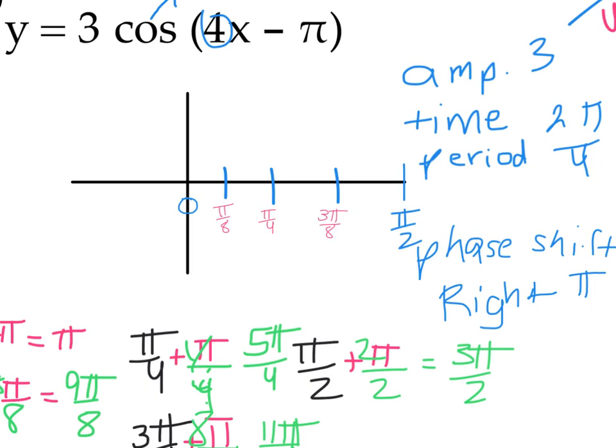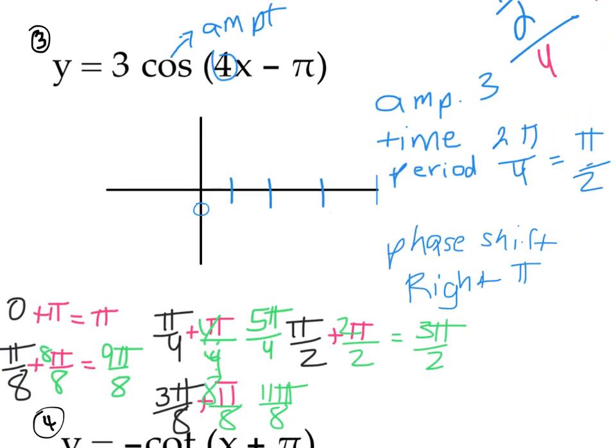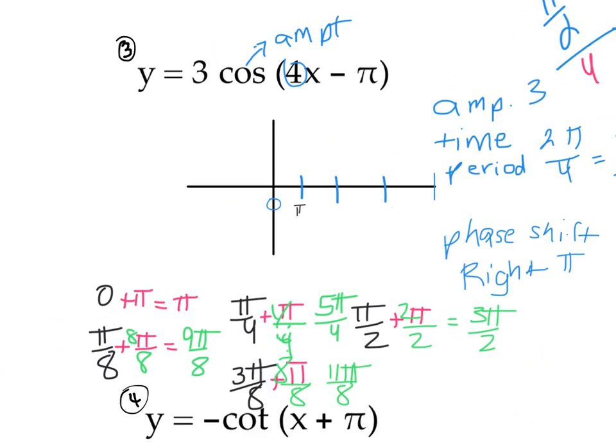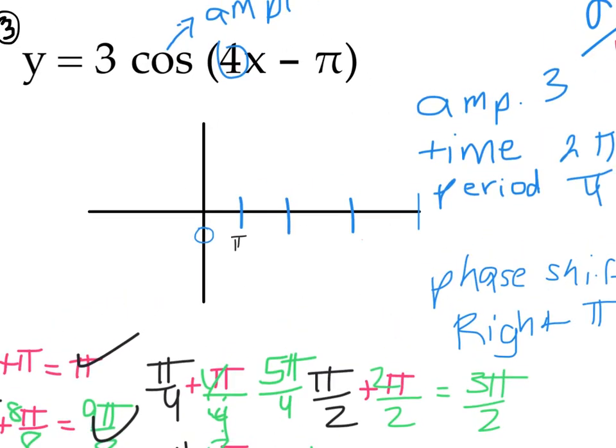So what I'm going to do now is erase these. I don't want to see the originals. I want to see your shift. So my new asymptotes, my new time intervals, my pieces. My first tick mark is at pi. Agreed? What's the second one at? 9 pi over 8.